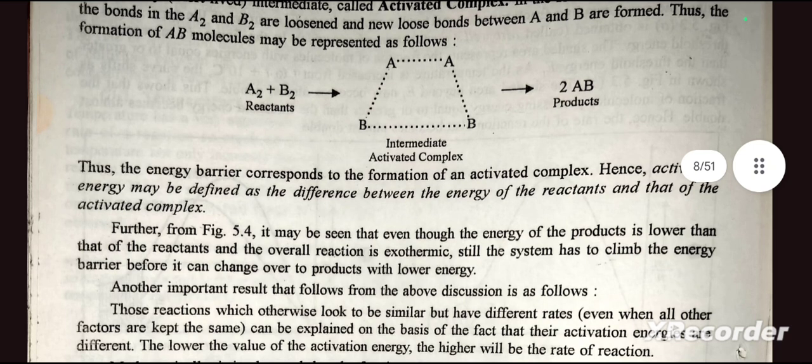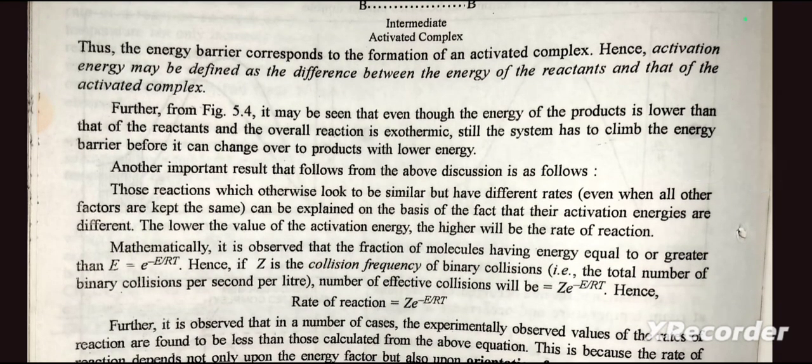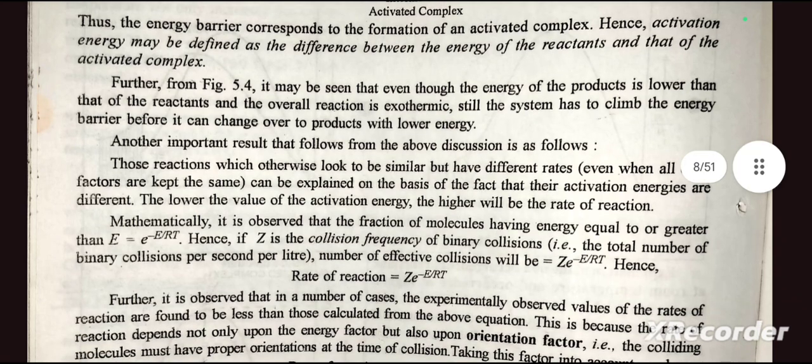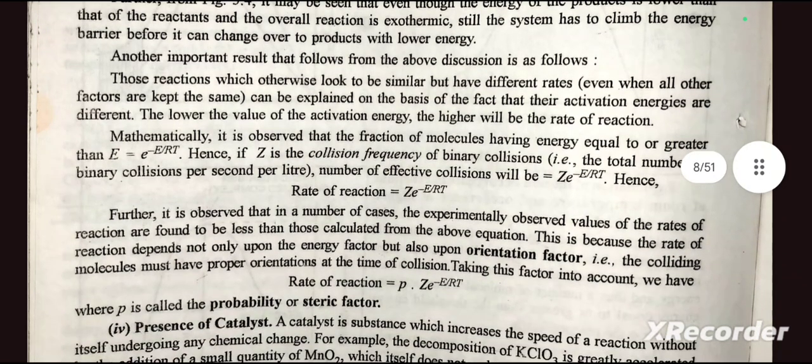Thus, the formation of AB molecules may be represented as follows: A2 plus B2 gives A2B2, the intermediate activated complex, which gives 2AB. Thus, the energy barrier corresponding to the formation of an activated complex, hence activation energy, may be defined as the difference between the energies of the reactants and the activated complex.